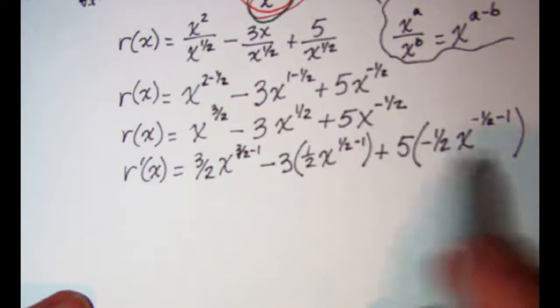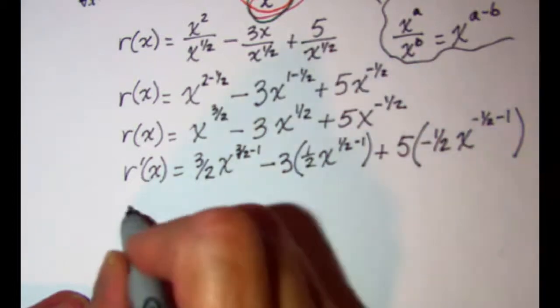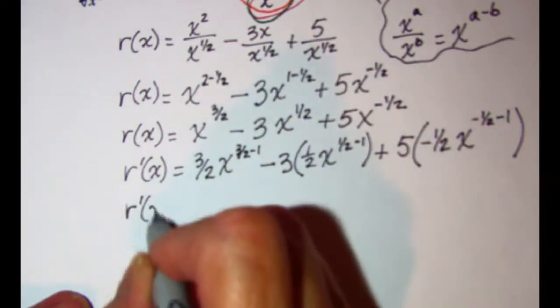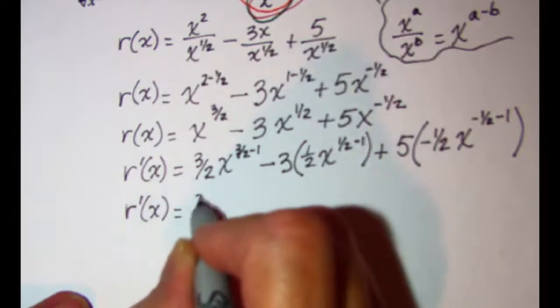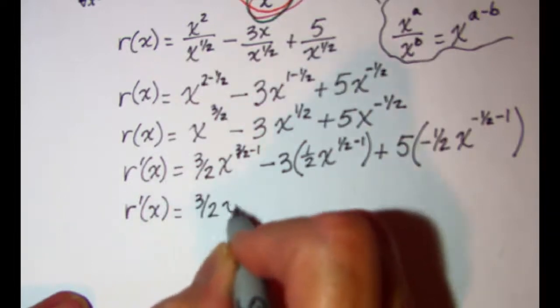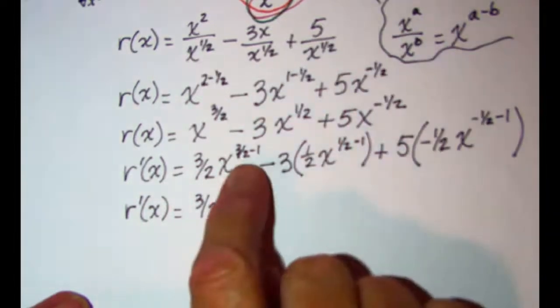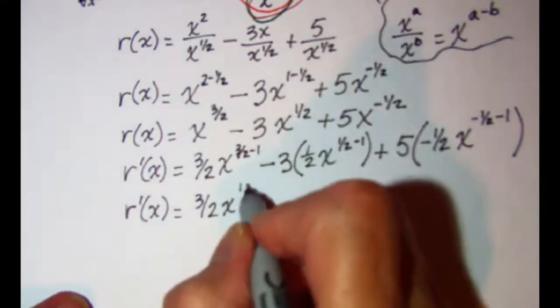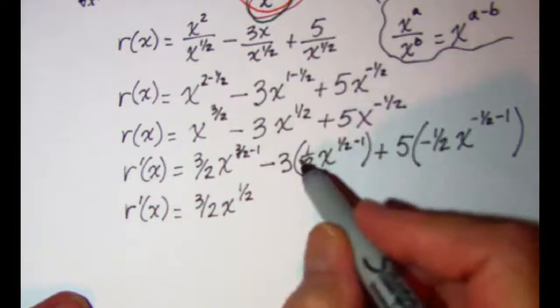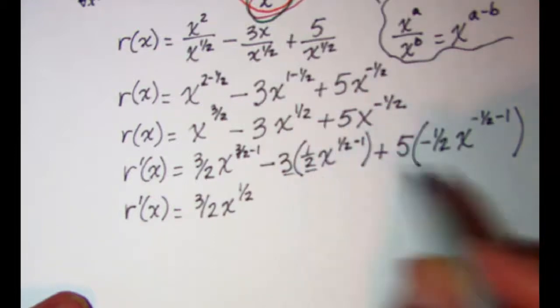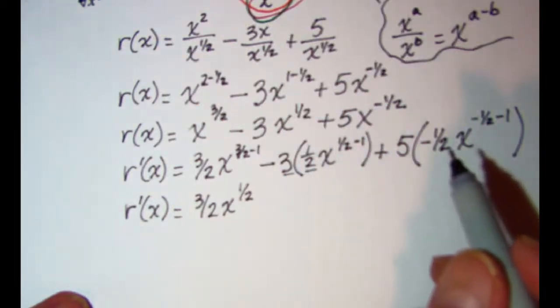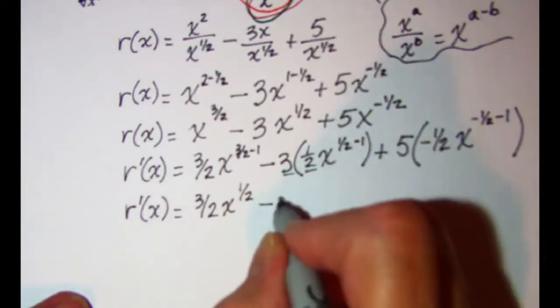So this is my derivative. I just need to do some simplifying. R prime is 3/2 x to the 3/2 minus 2/2 is 1/2. Now I'm going to multiply these two factors together. Negative 3 times 1/2 is a negative 3/2.